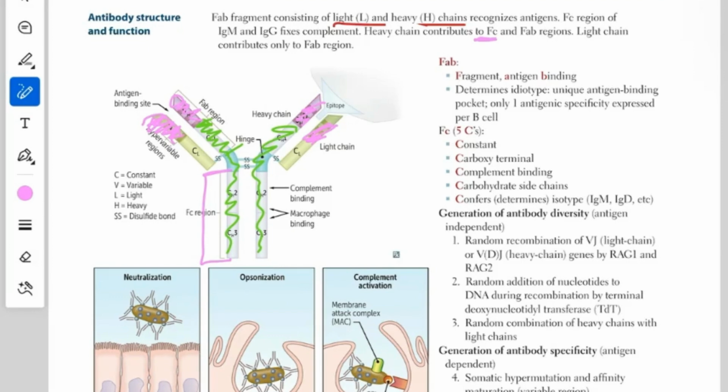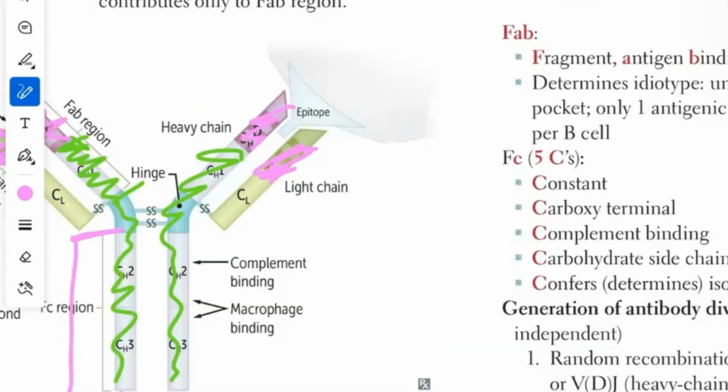You can see here an epitope. An epitope is a tiny part of the antigen which binds to the FAB, the antigen binding site of an antibody.